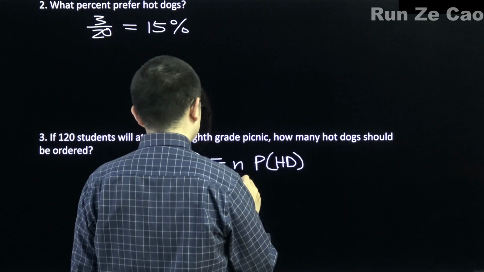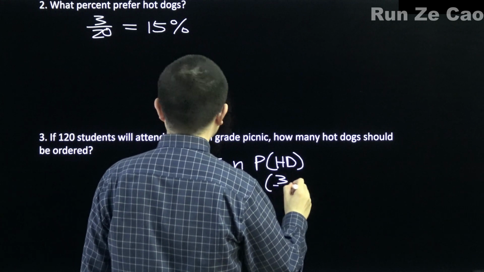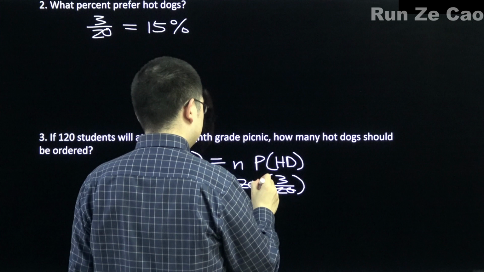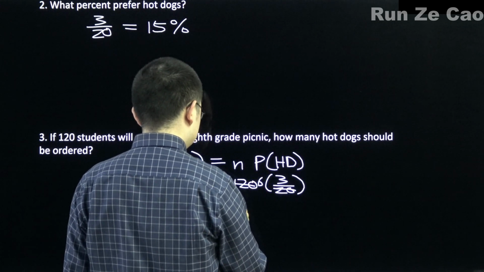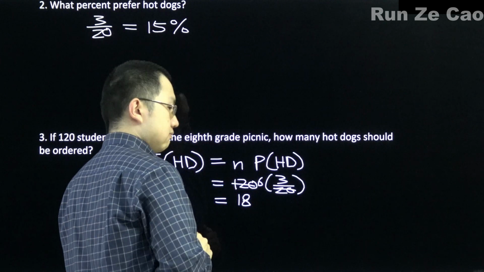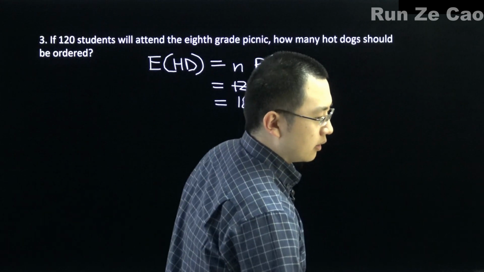So the number is 120 students, and the probability of hot dogs is 3 over 20. So that's 6 times 3, which is 18. Hot dogs should be ordered.